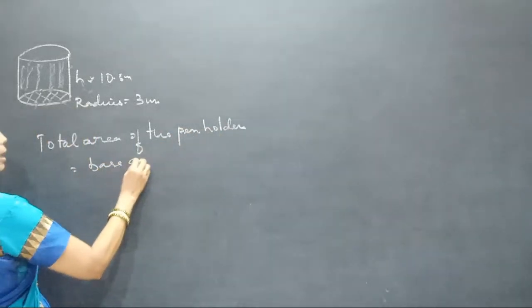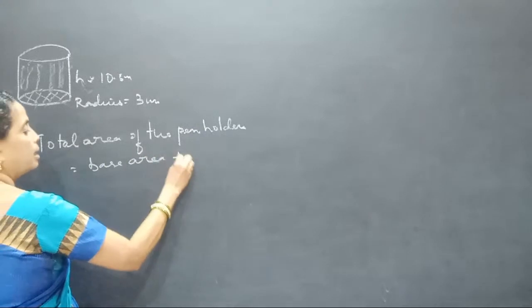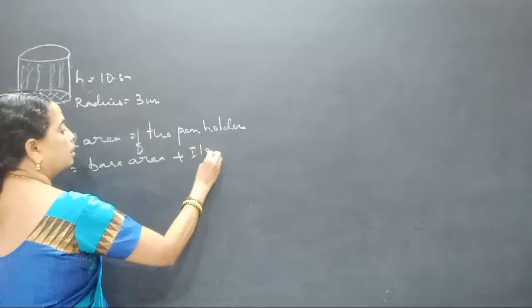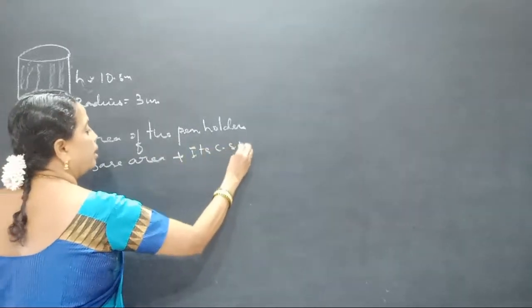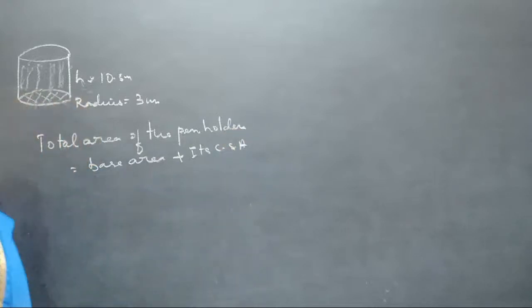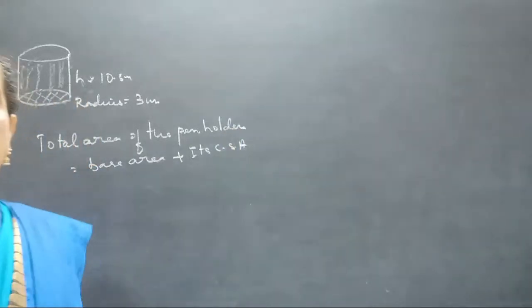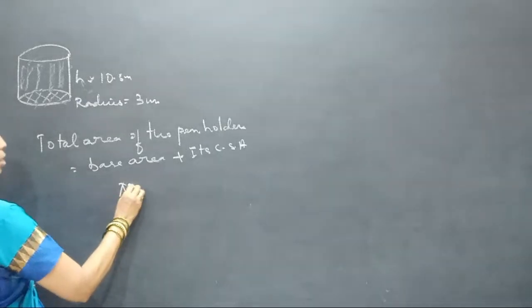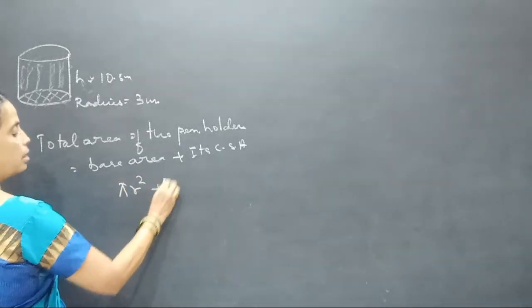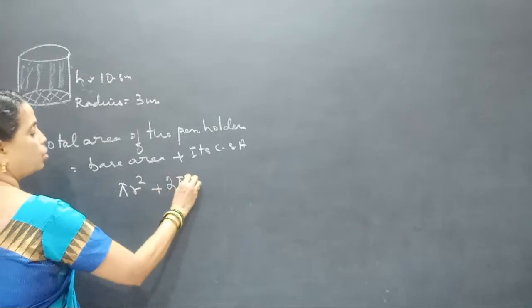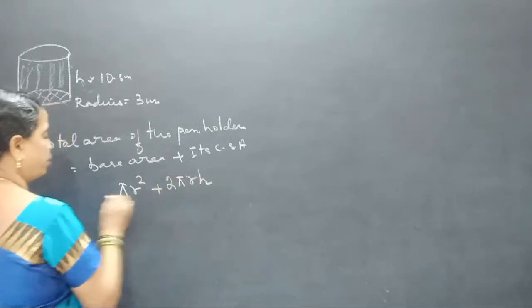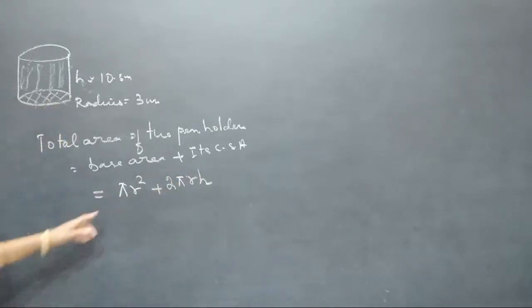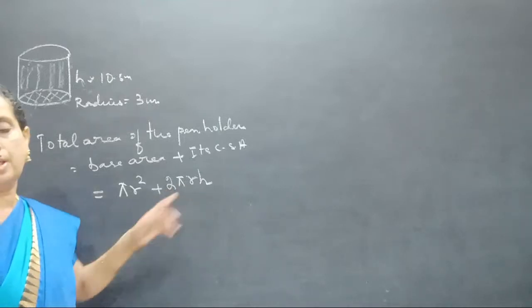So base area plus its curved surface area. Base area, since it is circular in shape, is pi r square. Curved surface area is 2 pi r h. Base area plus curved surface area.